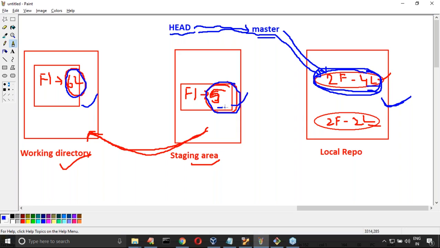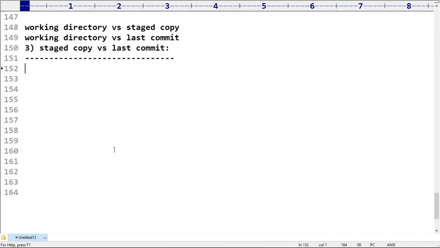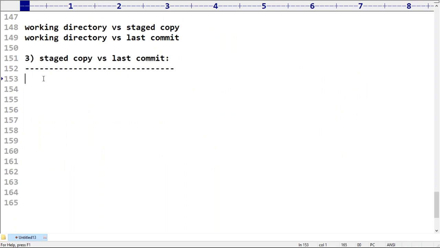Now, how can you compare the staged copy versus the last commit? We have to use the staged option or the cached option. We can use either the staged option or the cached option.